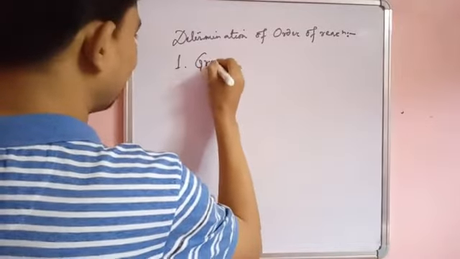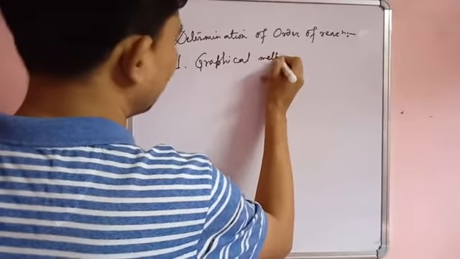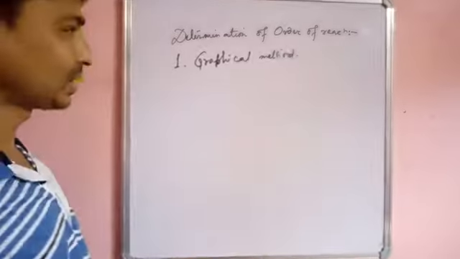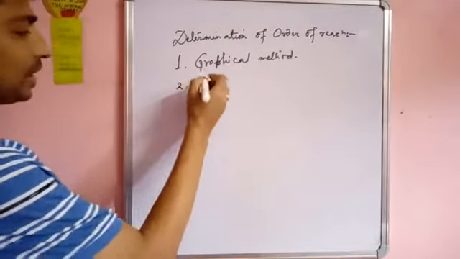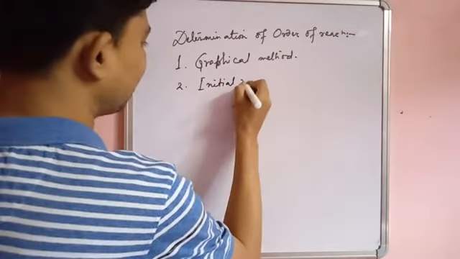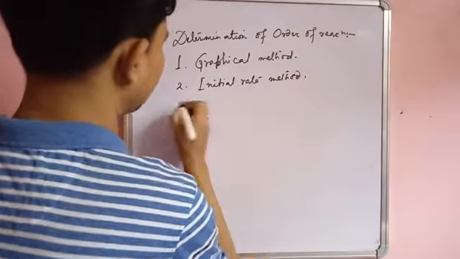The first method is the graphical method, which is nevertheless of great importance to us. The second method is the initial rate method. The third method is Ostwald's dilution method.